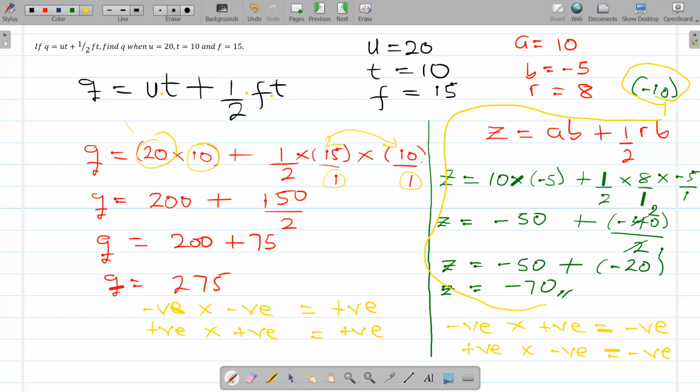Okay, perfect. So let's see if you can nail this for me. I'm coming up with another question. Given that M is equal to minus 2, N is equal to 3 over 4.